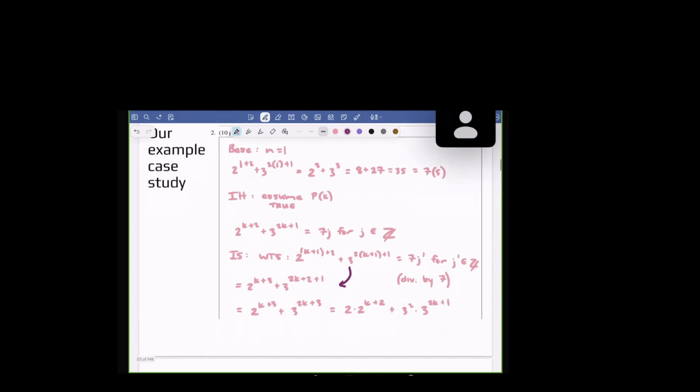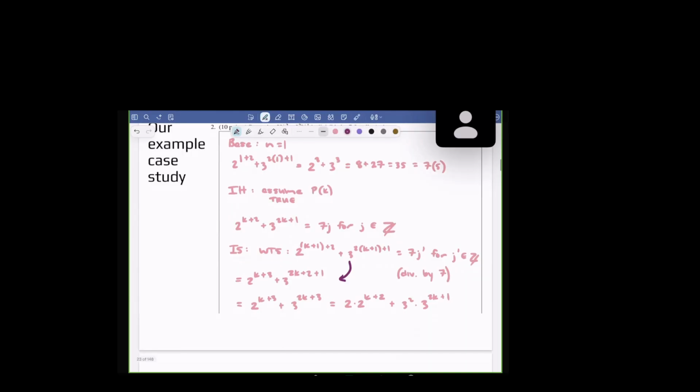So I got to this step. I moved a 2 out to get 2 times 2 to the k plus 2 right here. And then I also moved out a 3 squared to get 3 times 3 to the k plus 1. And here is the tricky part, I think.